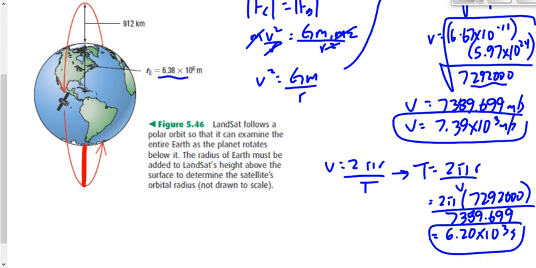That's not a big deal. We just have to recognize that the R value we want is the distance from the center to the center, and the number we're given in this case isn't that distance. So don't just blindly, because you're given a value for distance, make it R. Think about it and see if it's appropriate. And if it's not, then either add the radius of the Earth or subtract the radius of the Earth, or whatever you have to do.